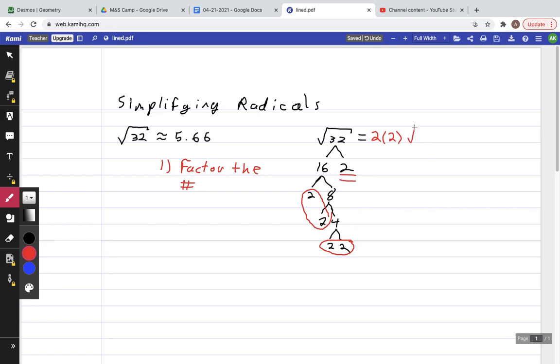That has nothing with it, so square root of 2. And then this simplifies down to 4 times the square root of 2. So we factor the numbers, and then we group the numbers according to index.